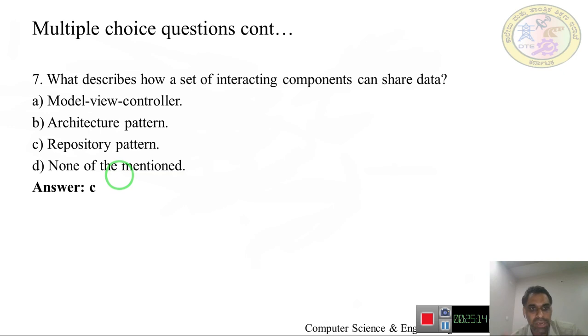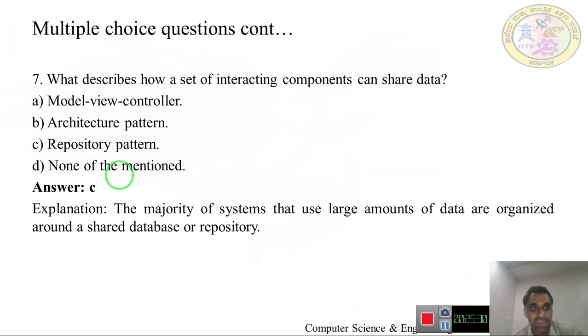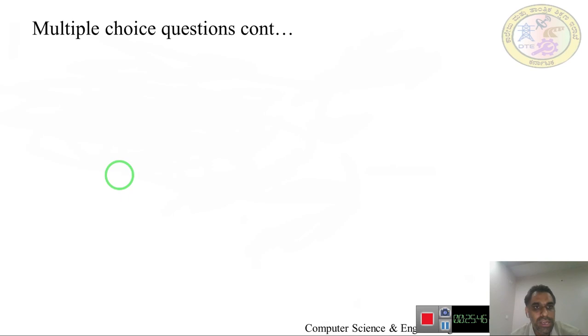In the repository pattern, all the components would like to interact through a centrally located repository, fine, through which the data is shared. So answer C would be the correct answer. It is neither model view controller nor architecture pattern. Explanation says that the majority of the systems that use large amounts of data are organized around a shared database or repository. Fine. Okay. 8th question.